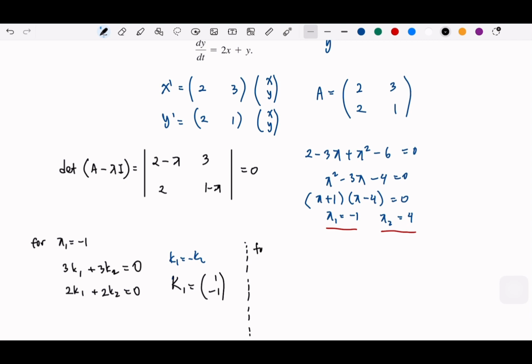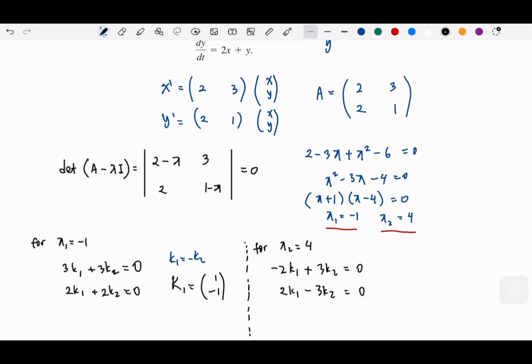It's still okay, but let's say that is it. And then for lambda 2 equal 4, this will be negative 3 k1 plus 3 k2, and then this will be 2 k1, 1 minus 4 is negative 3 k2, equals 0.